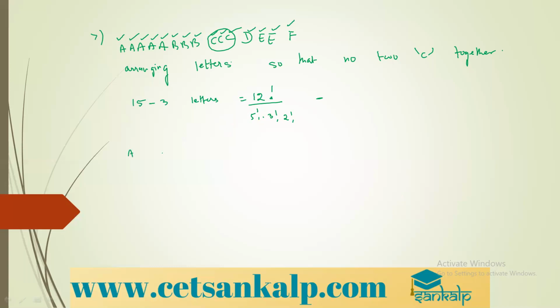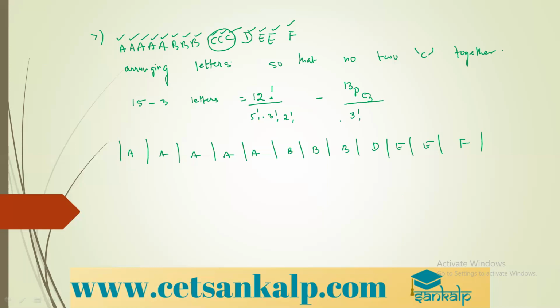Suppose you keep A, A, A, A, A, B, B, B, D, E, E, F. No 2 C's together means how many places? 1, 2, 3, 4, 5, 6, 7, 8, 9, 10, 11, 12, 13. Total there are 13 places. You have to take the 3 C's and arrange them, but then you will divide by 3 factorial.